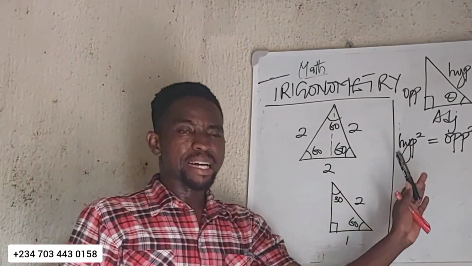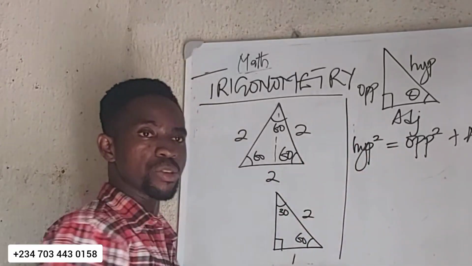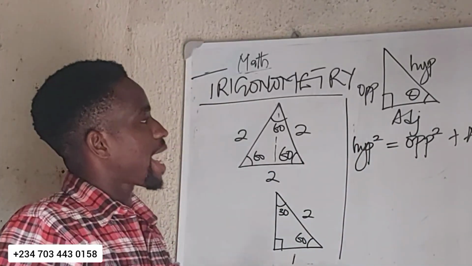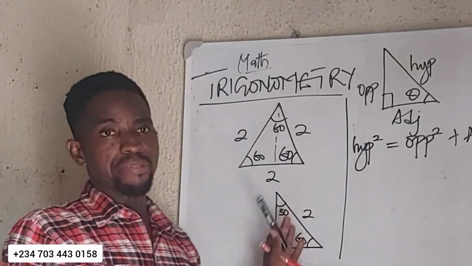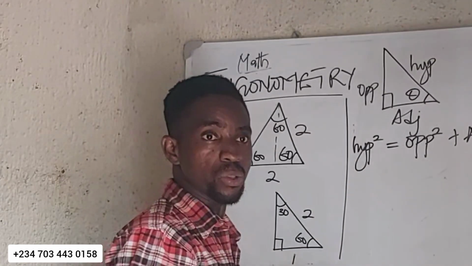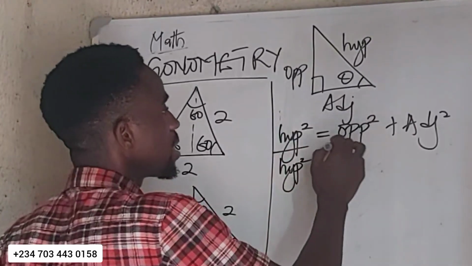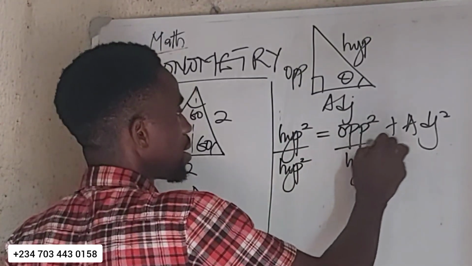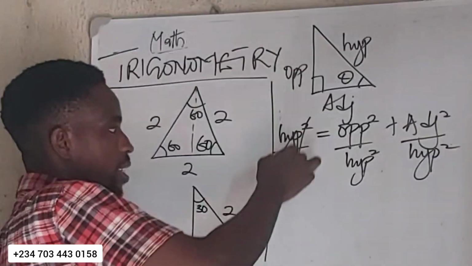Now, mathematically, I can decide to modify this equation. That means I can decide to divide through by any value. So, for instance, let me divide through by hypotenuse squared. Then this will cancel this.